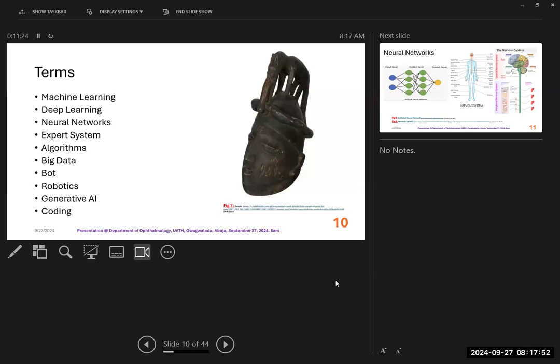That is what an algorithm is all about. If you have a correct algorithm, you can actually create an app or a robot that can screen eye conditions for you. Then big data, something voluminous, very large, very huge.